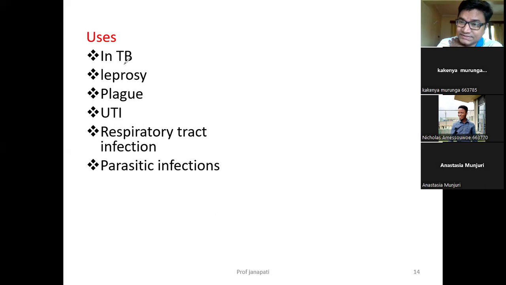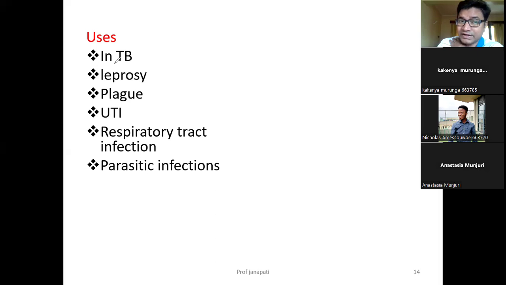In tuberculosis, streptomycin is one of the important components. This is a bactericidal drug. Along with INH and rifampicin, we can give this drug for 3 months. There is a specific regimen you need to follow, and our TB is going to get eliminated from our body.